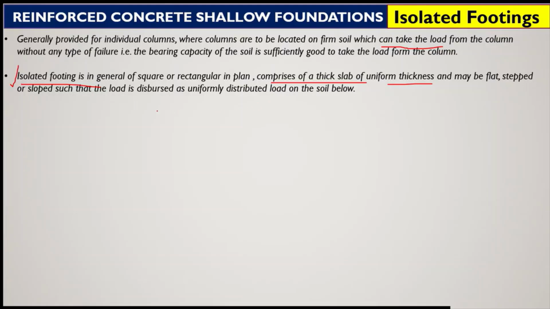So that means isolated footing is designed in such a way that the foundation is also a slab, and on that slab the column is placed, and the column will transfer the load to the slab, that is called the footing, and the load coming from the column will be uniformly distributed on the soil beneath the footing so that load can be transferred without any type of failure or without any type of differential settlement.